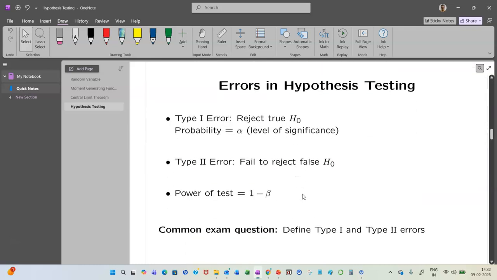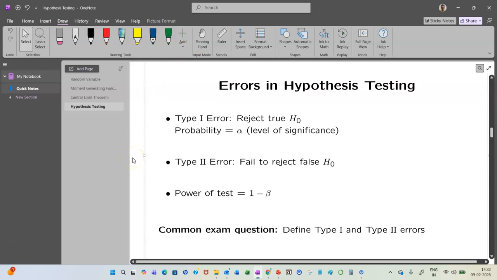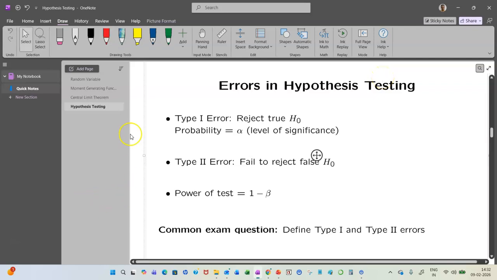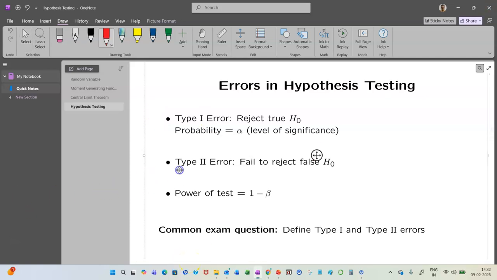There are some errors associated with hypothesis testing. Say type 1 error: we have rejected the null hypothesis when it is true. So that's type 1 error.